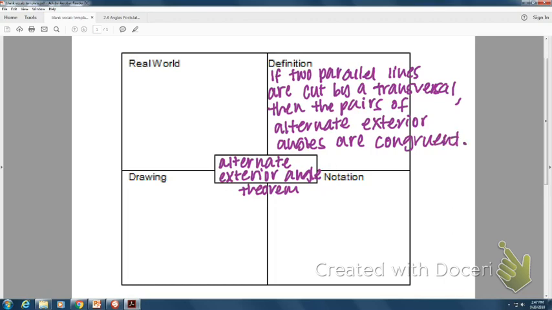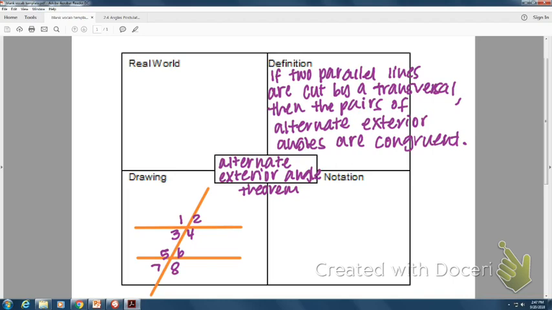Draw your same little diagram. One, two, three, four. So alternate means what? Opposite sides of the transversal. What do you think exterior means?